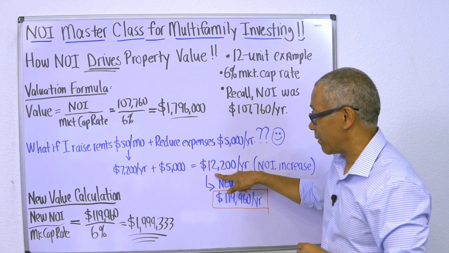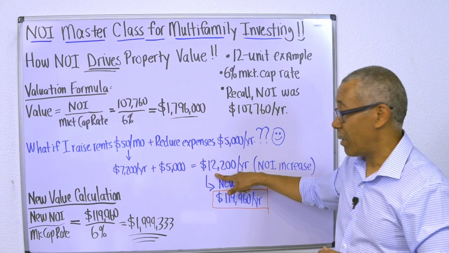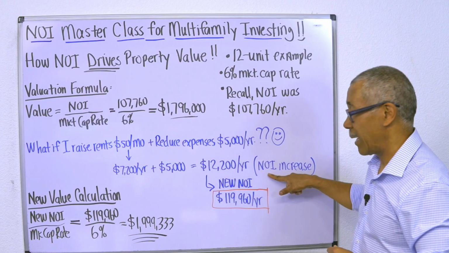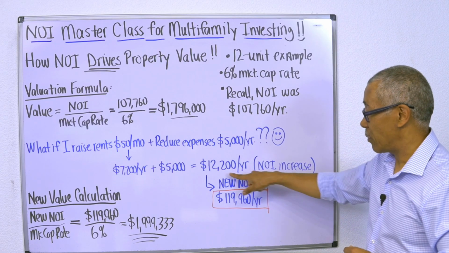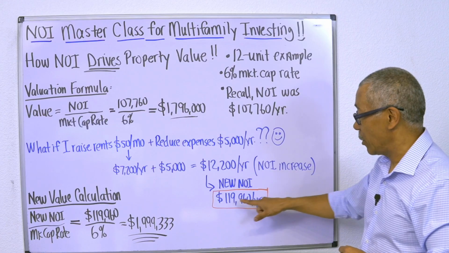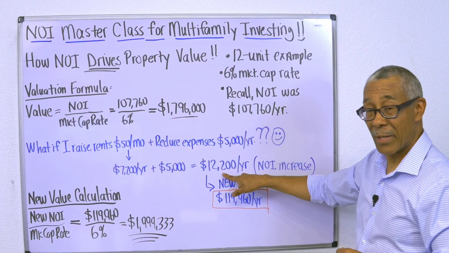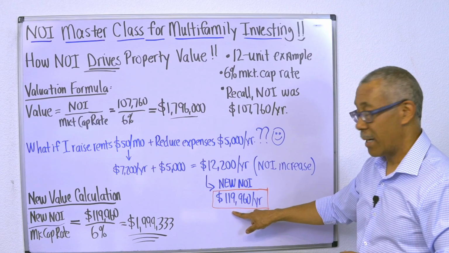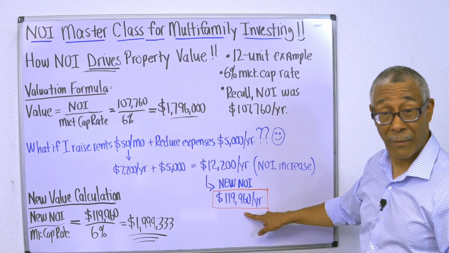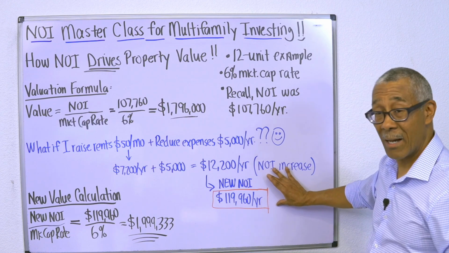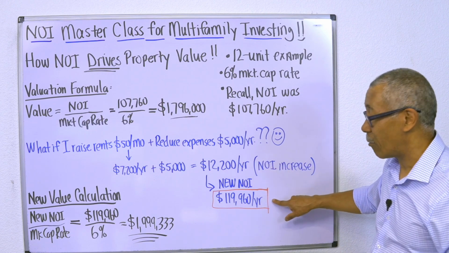I'm going to boost my NOI by $12,200 per year. So my new NOI is the 107,760 plus 12,200, which equals $119,960. Follow me?